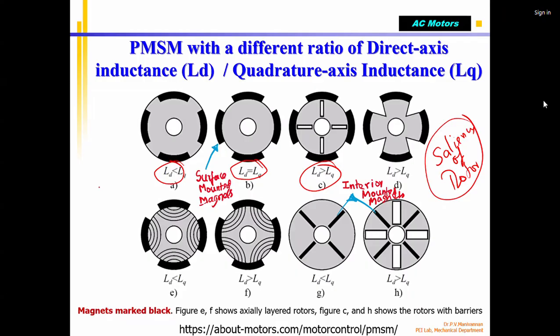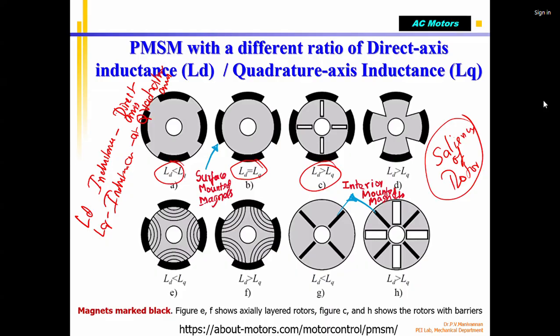LD is called inductance in direct axis. LQ is inductance at quadrature axis. Saliency is another important parameter which decides how the torque is produced in a permanent magnet synchronous motor.